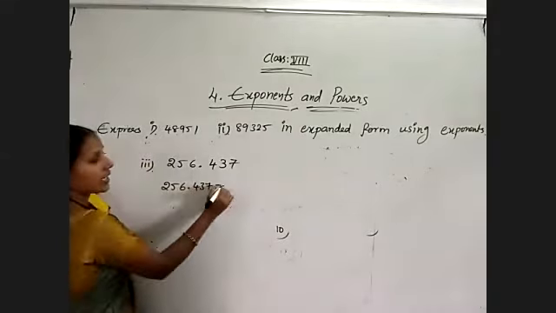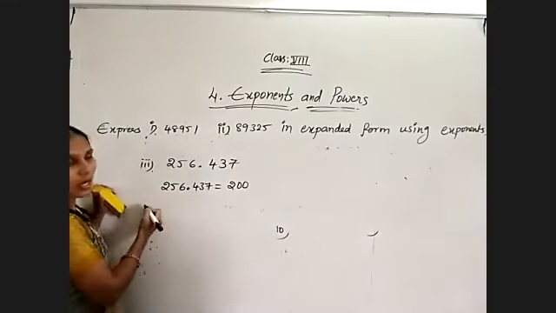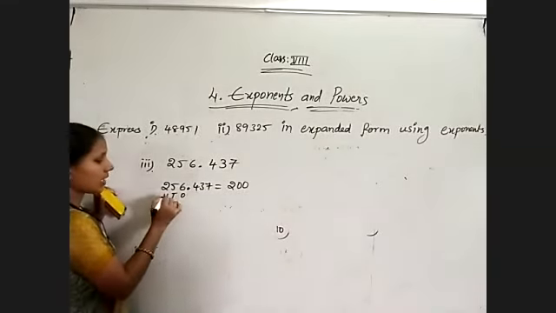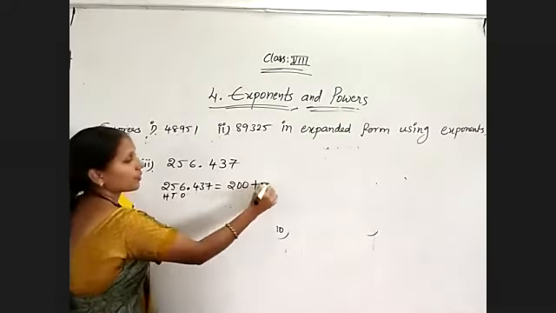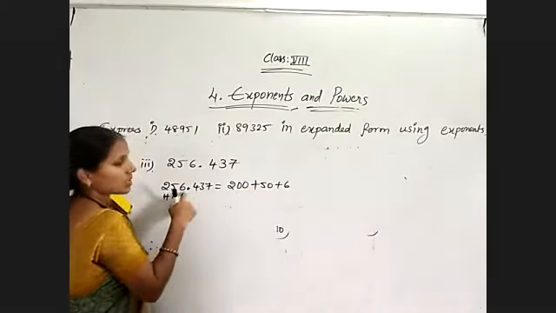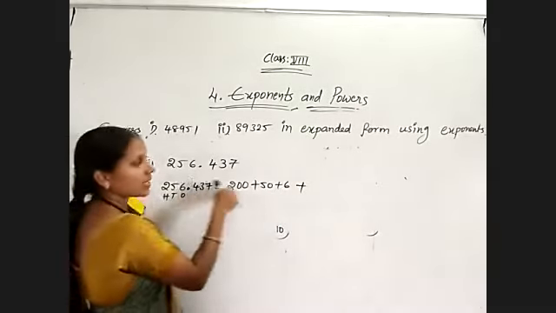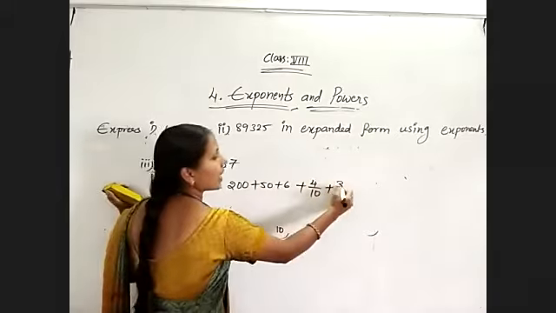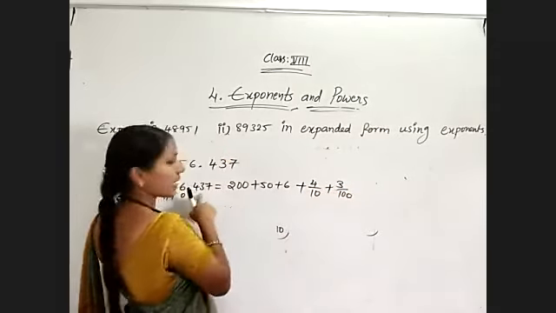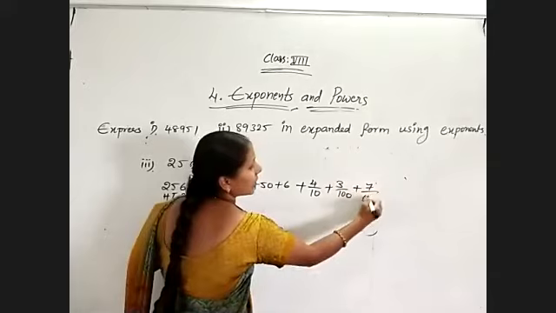So 200, because before the point is the whole number part: ones, tens, hundreds. 200, plus 5 is in the tens place, so 50, plus 6 is in the ones place, so 6, plus 4 is in the tenths place, that is 4 by 10, and 3 by 100, 3 is in the hundredths place, 7 is in the thousandths place, so 7 by 1000.